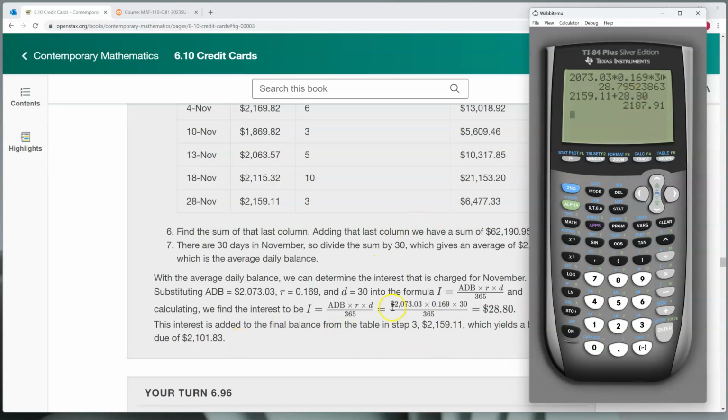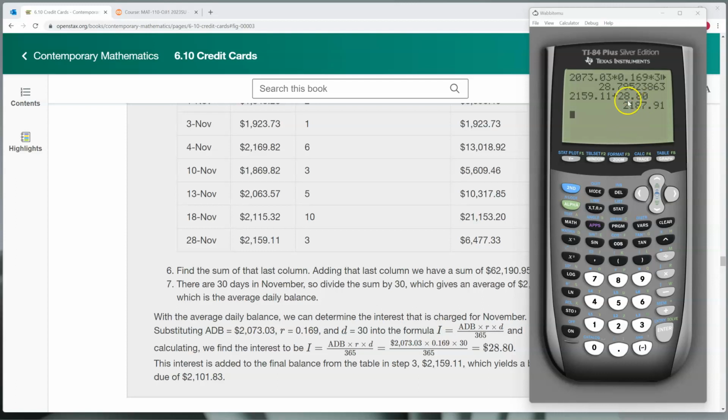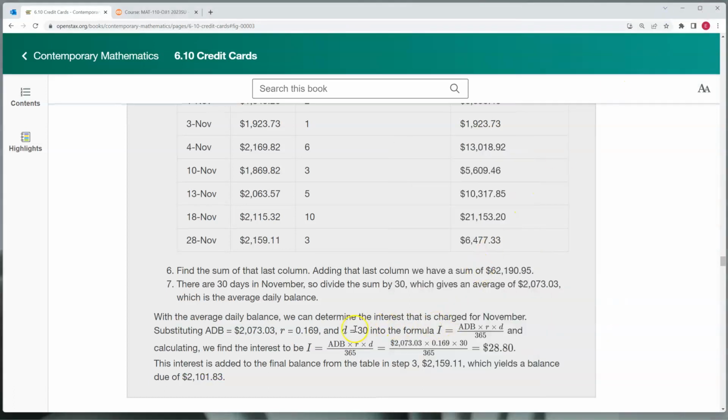So when he gets his bill, he should have a balance of $2,187.91, which is not what the book says. That's less. We shouldn't have a less balance. So looking at $2,187.91 as the total amount that he owes. So that is an error in the book again.